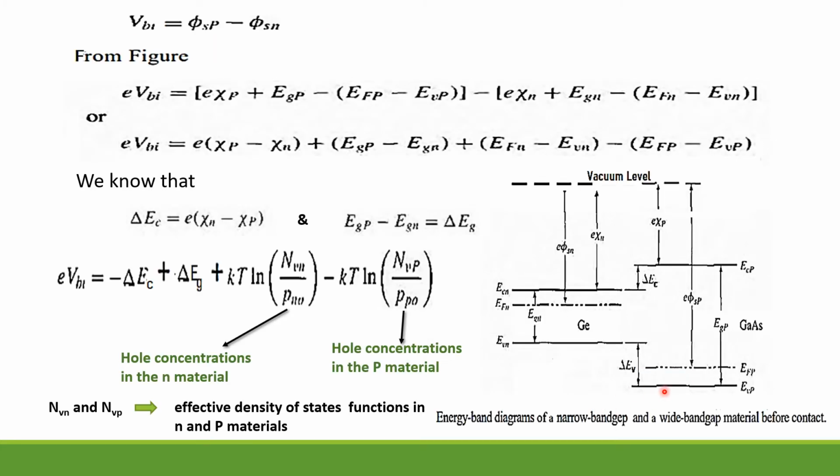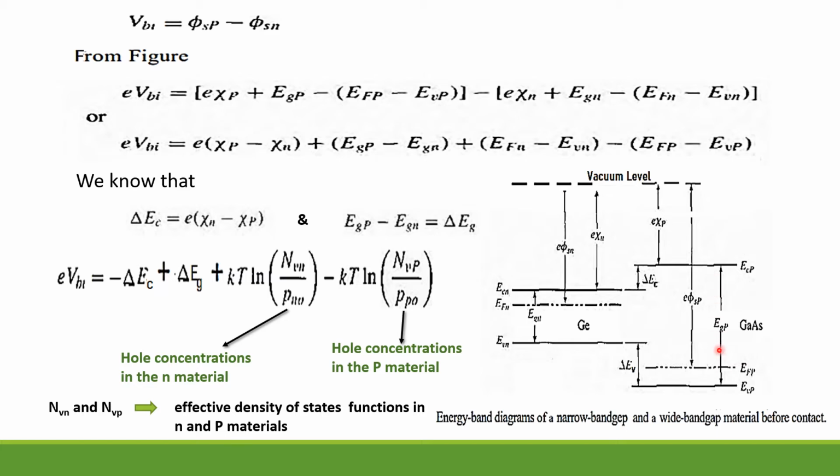This is the energy band diagram of a narrow band gap and a wide band gap material before contact. From this figure, the work function in the P region is equal to the sum of E chi P and the gap between ECP and EFP.